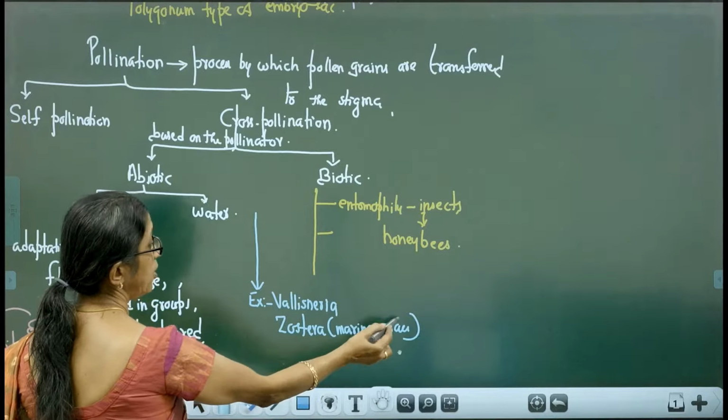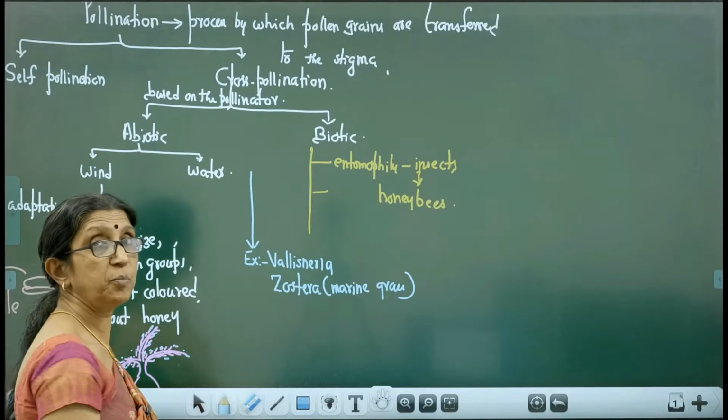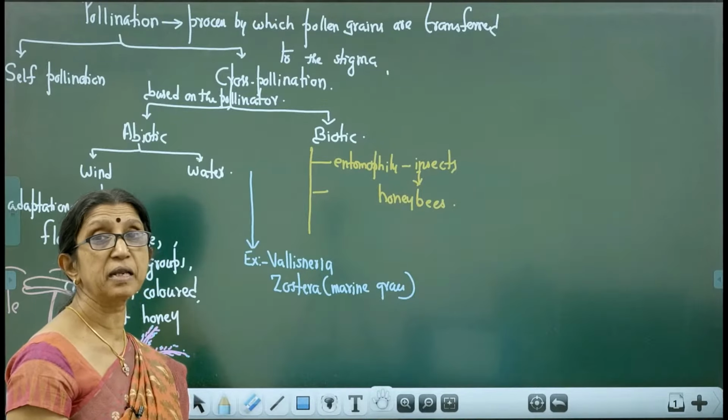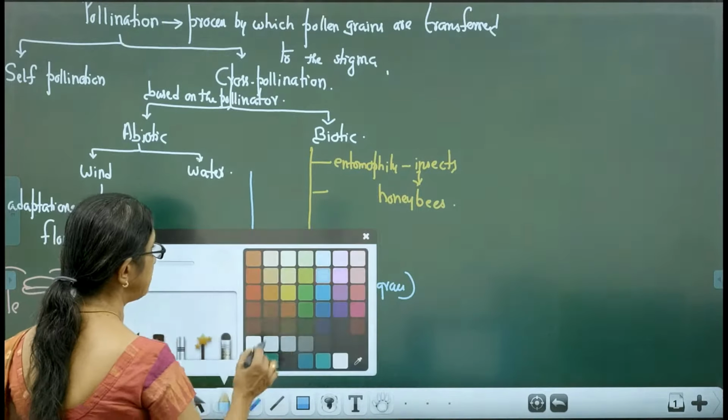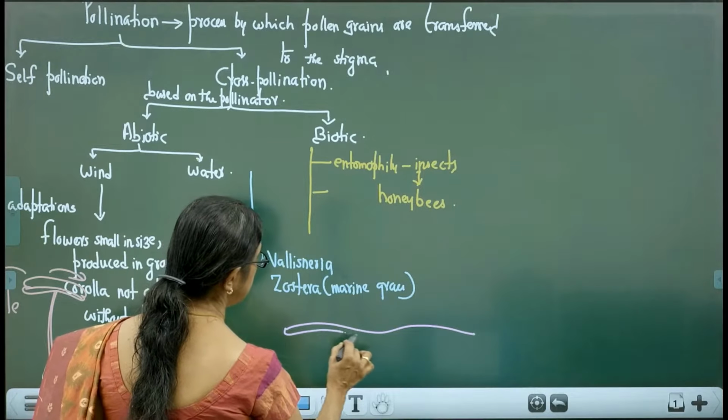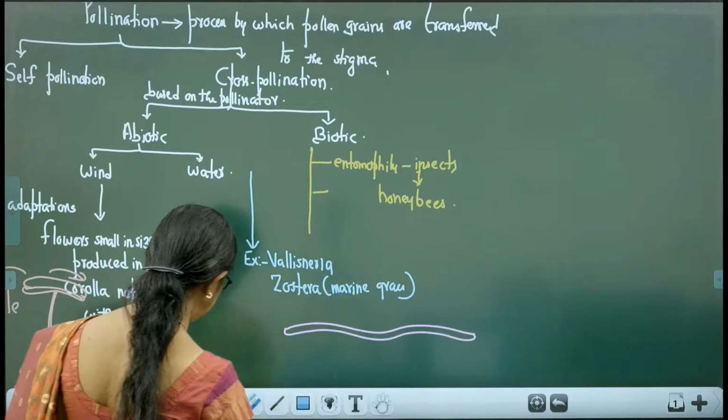The most important adaptation in water pollinated plants is that the pollen grains are long and ribbon shaped, having a mucilaginous outer covering.